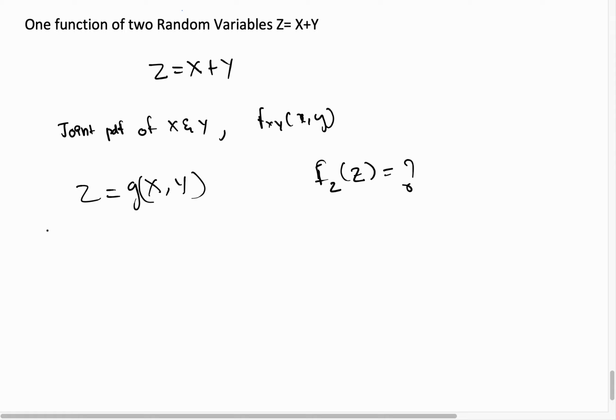So we can start this with a very simple step, that is by taking the cumulative distribution function F_Z(z).